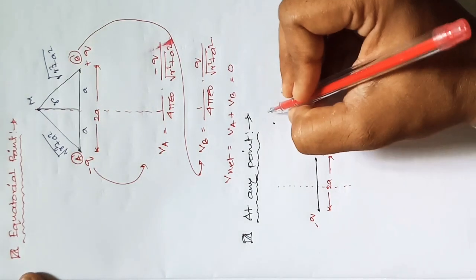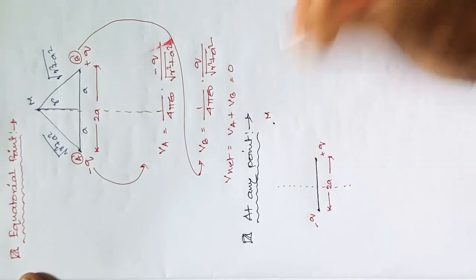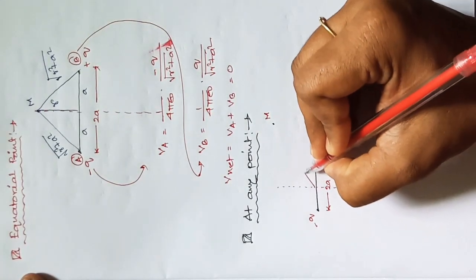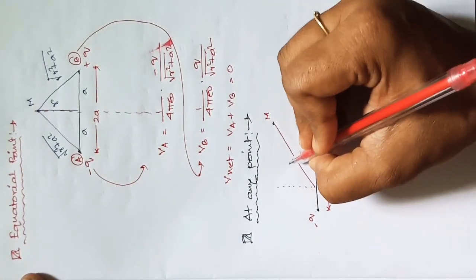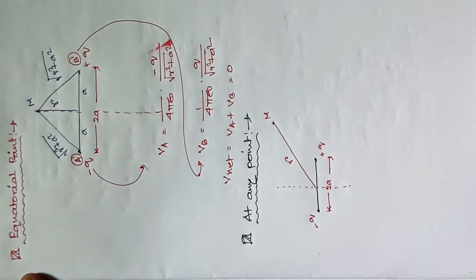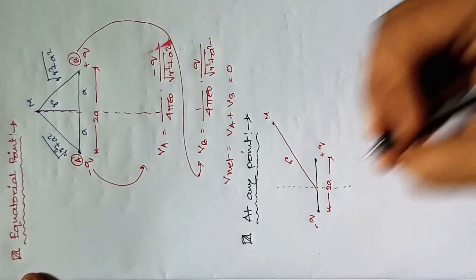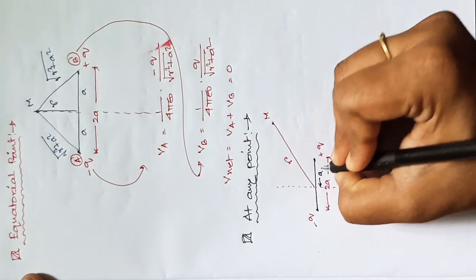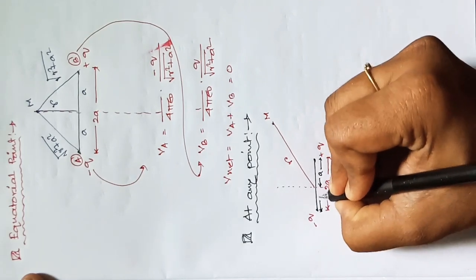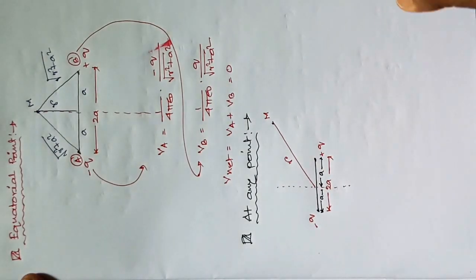So suppose we have to find out the electric potential at the point M, which is at a distance r from the center of the dipole. This distance is a, this is also a. Clear?